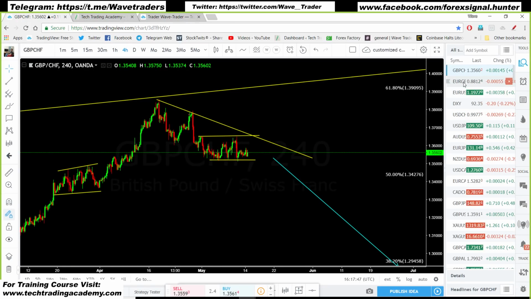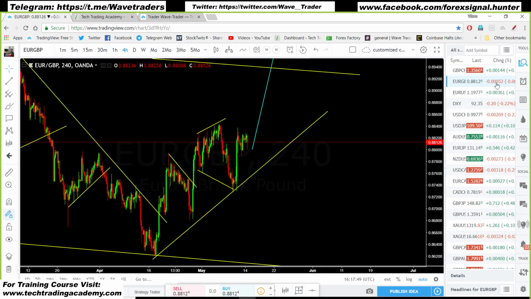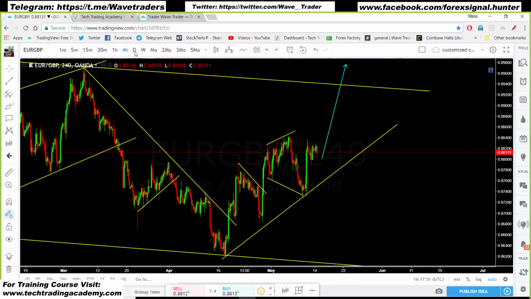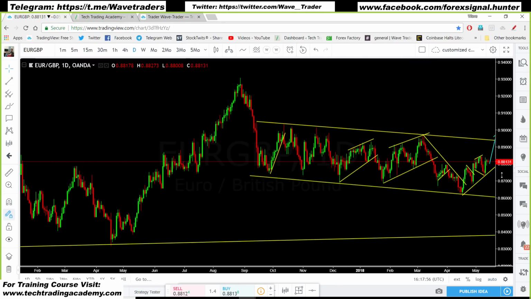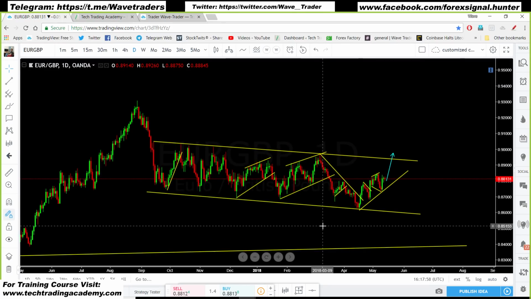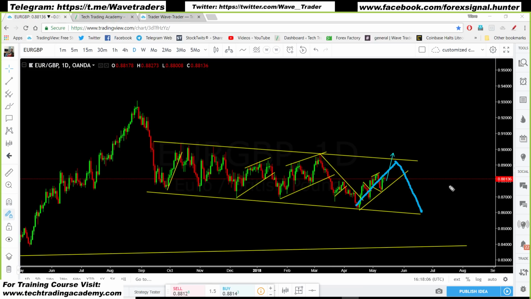You all know what I have been showing you on this pair for the last couple of days. Don't look for longer term on this chart. You just need to look for completion of that wave, and that is your next trade.